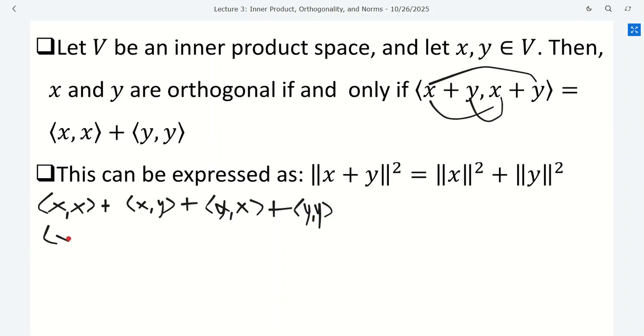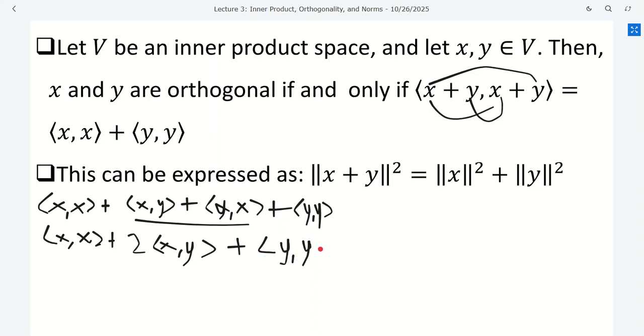So now this is symmetric, so I can write it as 2 times the inner product of y and x, plus the inner product of y comma y.